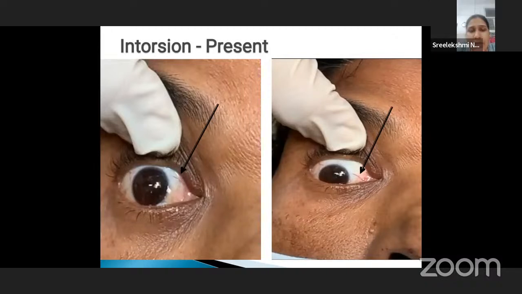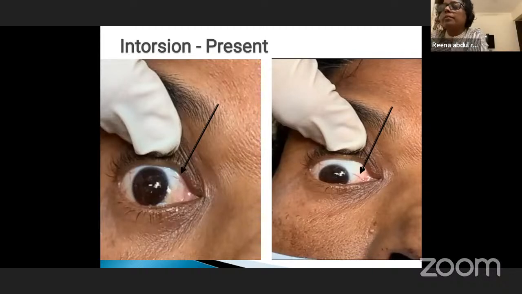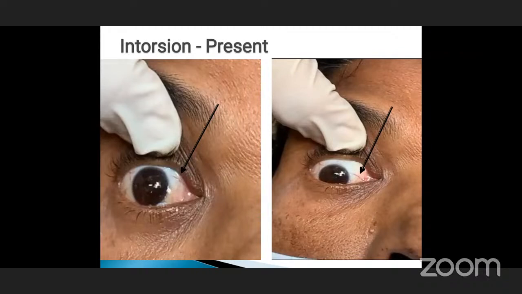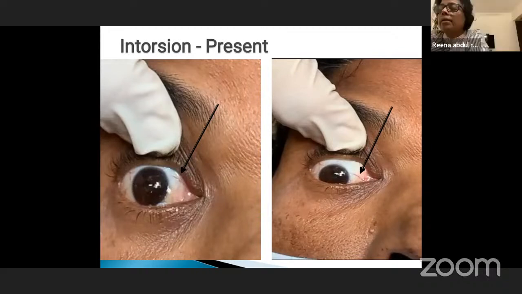Nystagmus has to be looked into. Is it mentioned? No. That is not mentioned. So you should add, there are no abnormal eye movements, no nystagmus. It's an important negative finding when you localize the lesion. Okay.